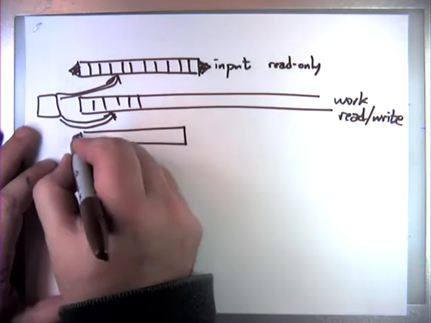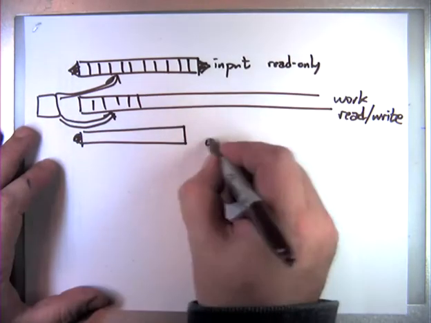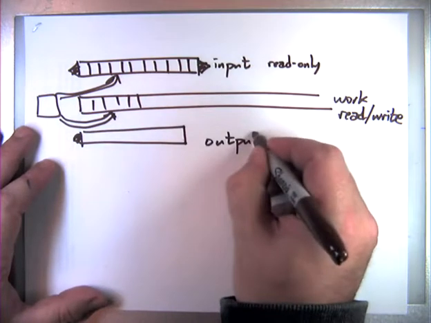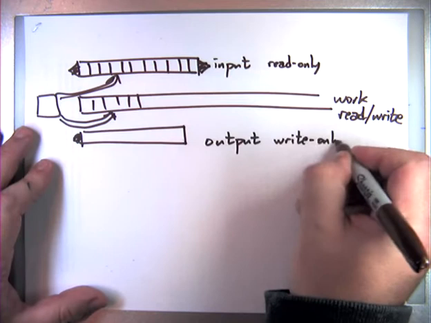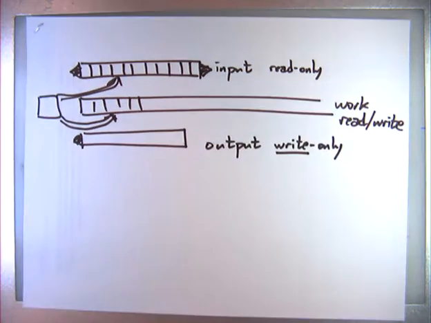And then possibly, imagining a Turing machine that computes a function, given a string, I want to muck it about and return another string as my output.